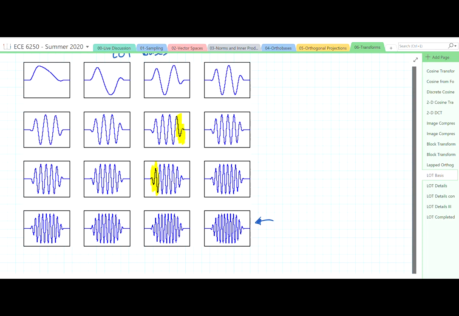And so when we have shifted neighboring windows that overlap, they still maintain their orthogonality to each other.